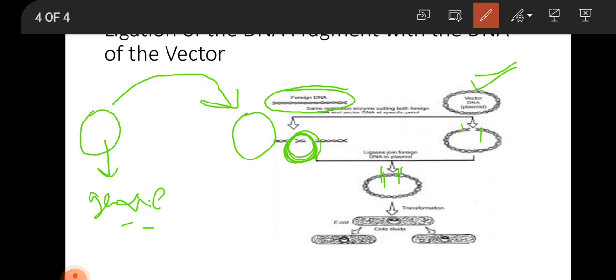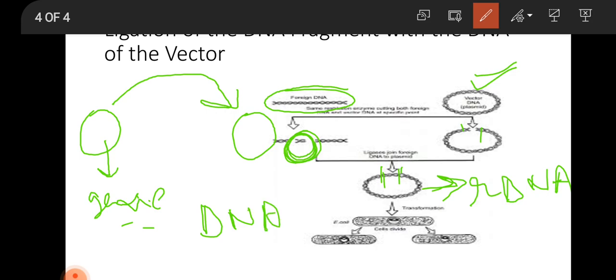Now this portion where we have joined the gene of interest with the plasmid is known as recombinant DNA, and the whole process is known as ligation. This gene of interest can be introduced into the plasmid with the help of DNA ligase.